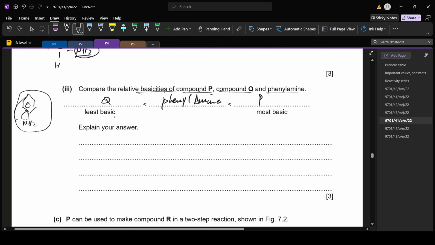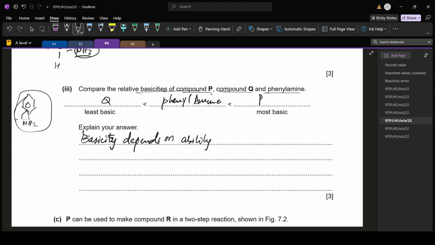Now let's write your answer with the reasons. Basicity depends on the ability of nitrogen to donate its lone pair to a proton.